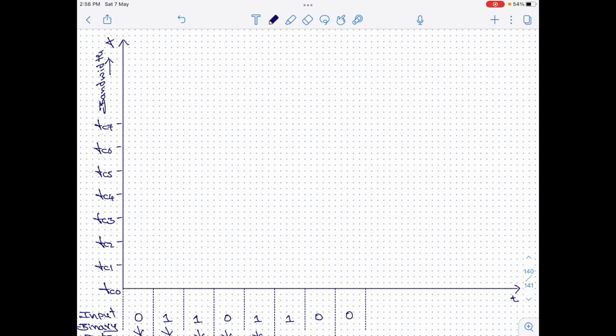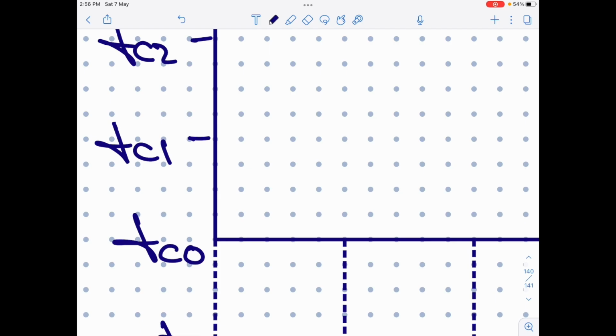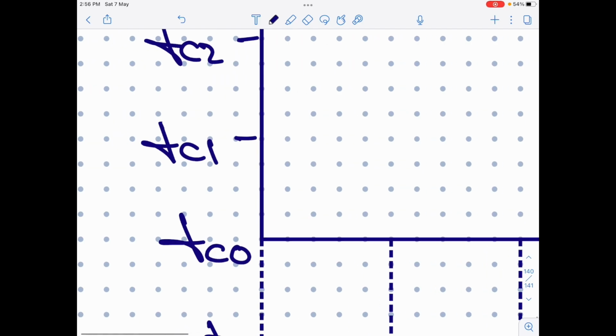After this, we have to now divide each carrier frequency interval into 4 more parts because we have 4 MFSK tones. The location of FC0 is also equal to F0, which is our very first MFSK tone. Let this be F1, this be F2 and let this be F3. So, every carrier frequency interval is further subdivided into 4 frequency bands representing each of the MFSK tones.